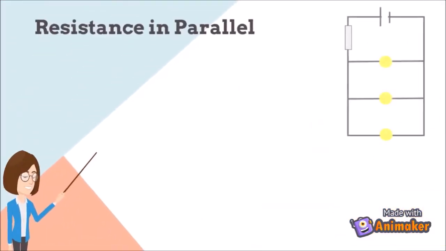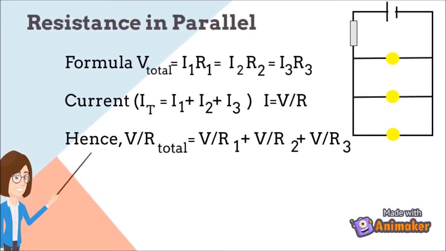Next, parallel resistance. From equation V total equal to I R1 equal to I R2 equal to I R3, while equation current is I total equal to I1 plus I2 plus I3, we can know that I equal to V over R. By that, we can get V over R total is equal to V over R1 plus V over R2 plus V over R3.